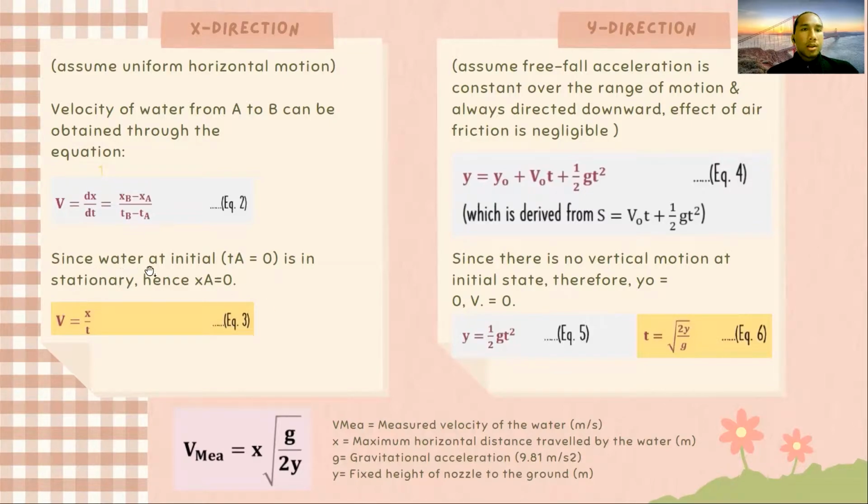Since the water is at the initial position, x is at 0. So we can conclude that v equal to x over t.